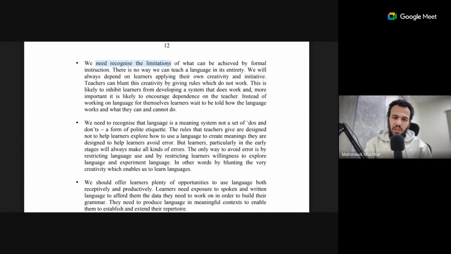We need to recognize the limitations of what can be achieved by formal instruction. There is no way we can teach a language in its entirety. We will always depend on learners applying their own creativity and initiative.